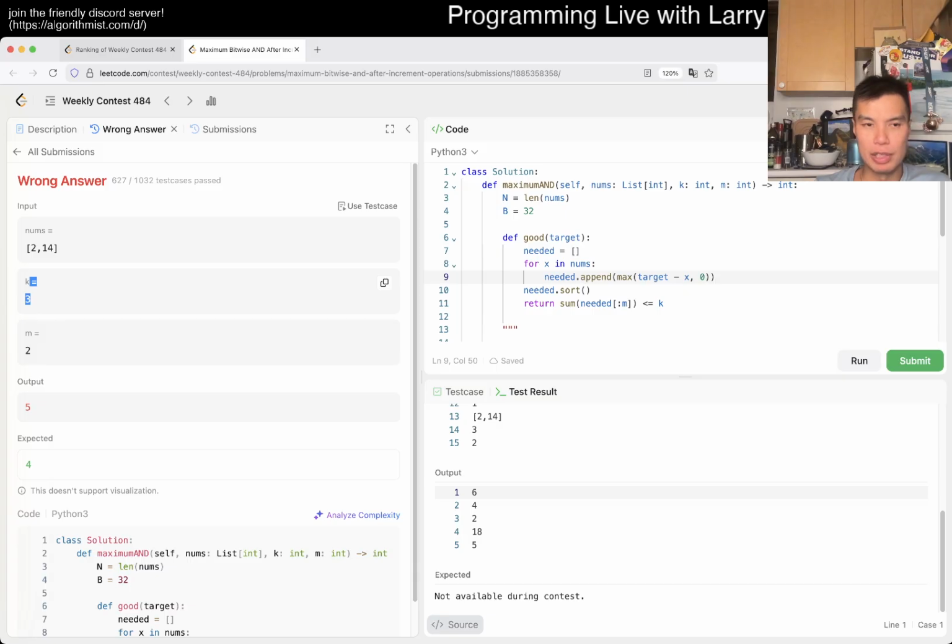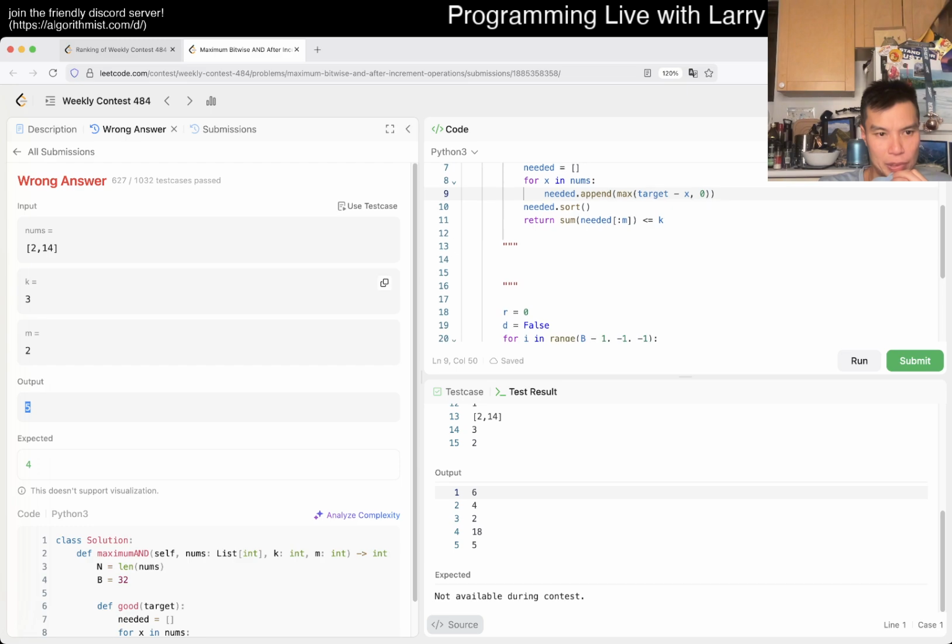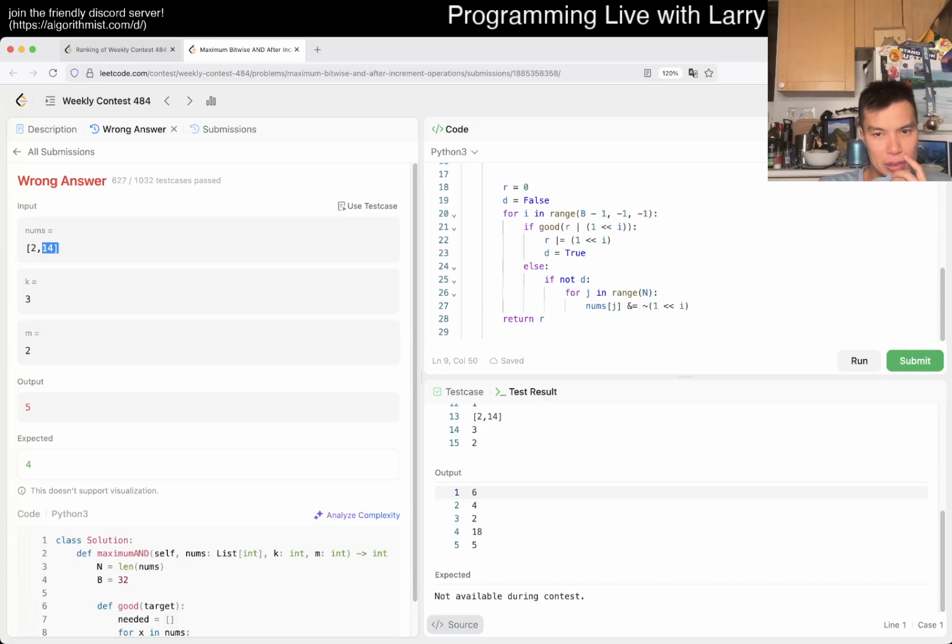K equal to 3 means that we take the 2 and then we just made it to the 4. But the 5 doesn't really make sense. I don't know where we got the 5 from. We tried the 4, so 4 works, and then the greedy tries to do one more. Oh, because the 14 converts to 0 from this, and then the 0 we just add 1, is what it thinks, maybe.